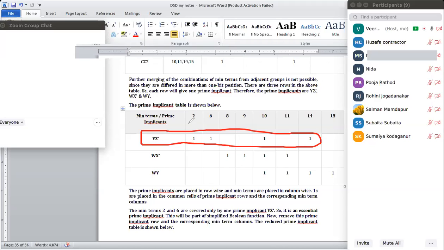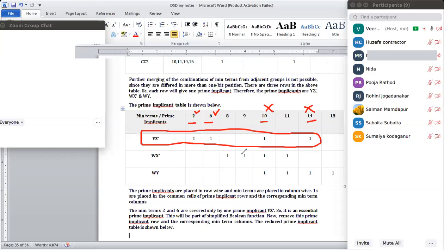The minterms 2 and 6 are essential prime implicants. 10 and 14 are not essential prime implicants, and 2 and 6 are essential prime implicants.